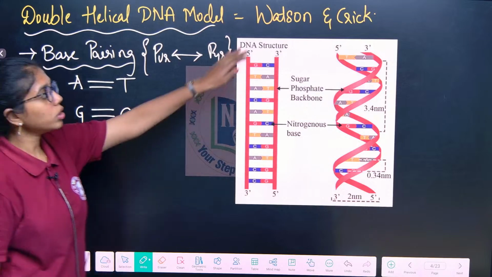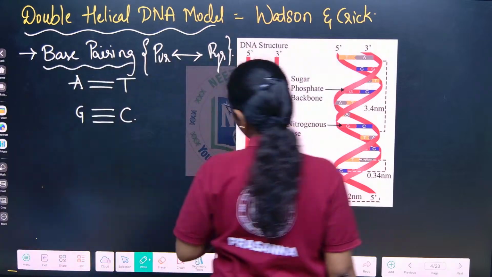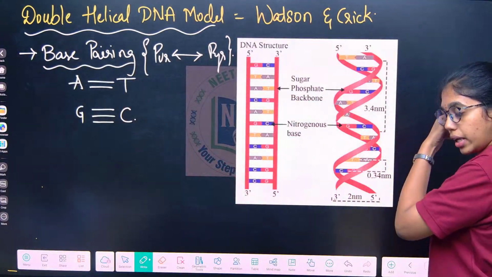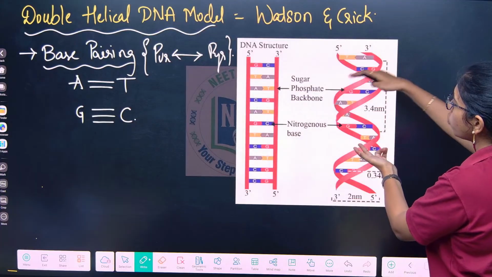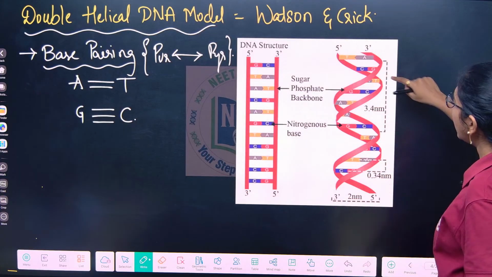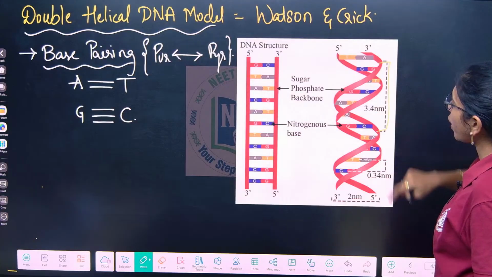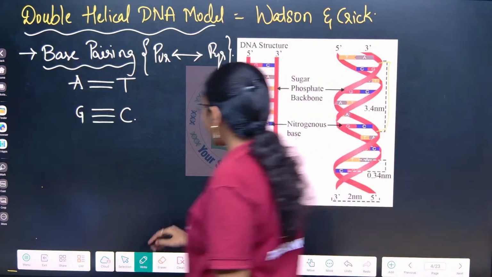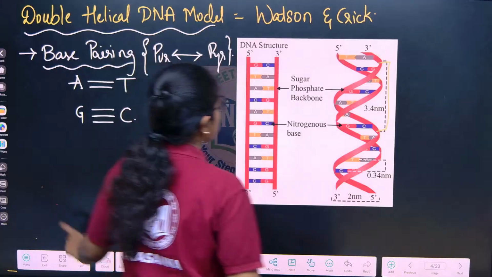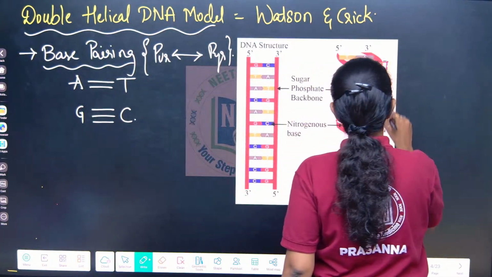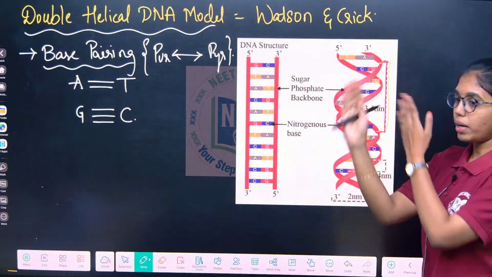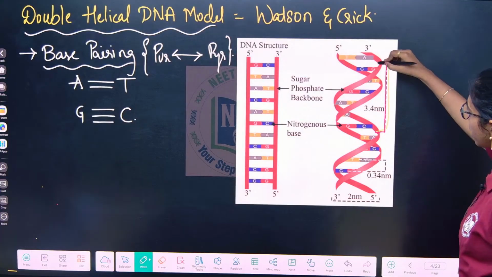Next, the most stable form of DNA is B type DNA. Okay, wherein each pitch, that is one turn of this double helix, length will be 3.4 nanometers. 3.4 nanometers is 34 angstroms. This is one pitch or one turn. One pitch or one turn is from here to here.